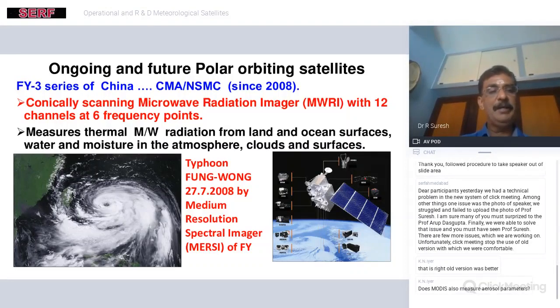Land and seawater delineation, the green color and then the dark color separating over here, that can be very nicely identified. The cyclone eye is clearly seen. The wall cloud is very much seen. Streamers and feeder bands, they are very nicely located.